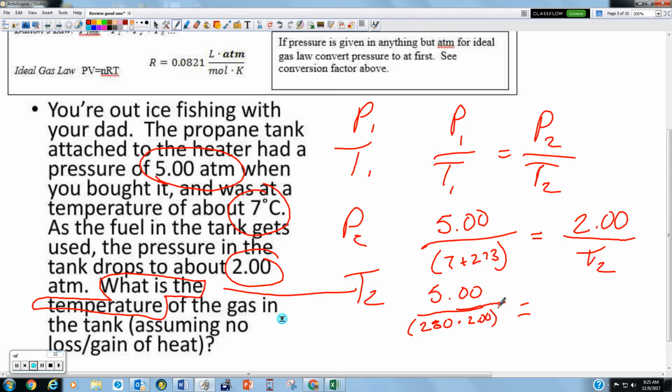Now, the only thing I would tell you to be careful about when you're manipulating it, realize when you bring that 2 across, this actually ends up being 1 over T2. So to get your final answer, you need to get the reciprocal of that. I tend to manipulate it another way, where I just flip my numerator and denominator, and that gives me the answer to T2.